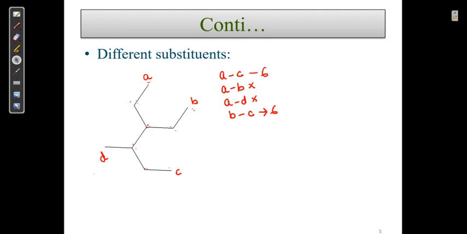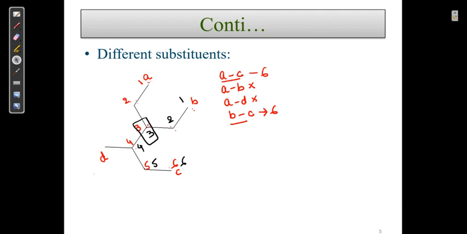So where do I have to go? I have to go A to C, B to C. If I enter from this side, then 1, 2, 3, 4, 5 and 6. And another possibility is 1, 2, 3, 4, 5 and 6. If you see here, then the third position comes, very normal.